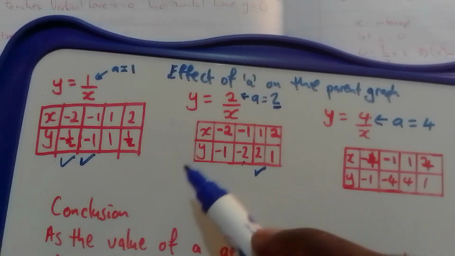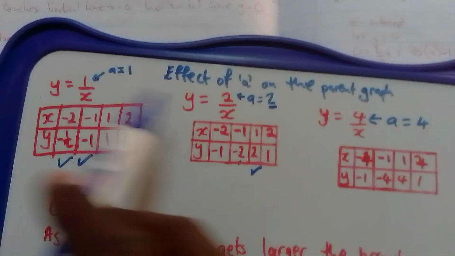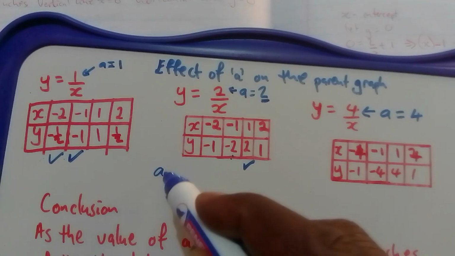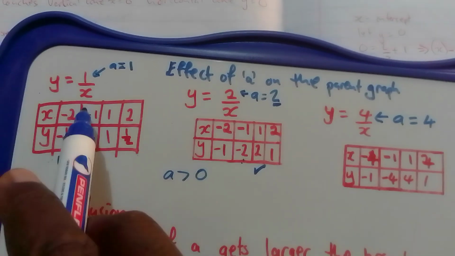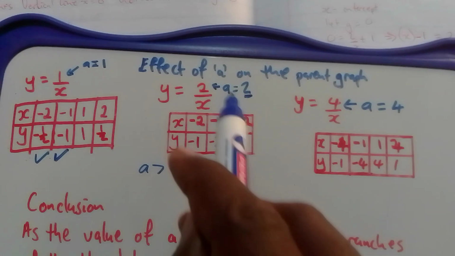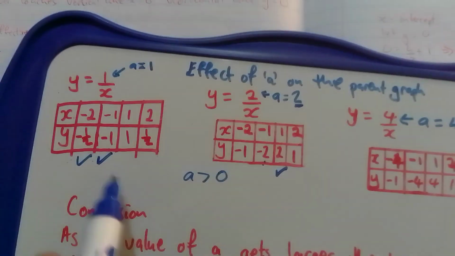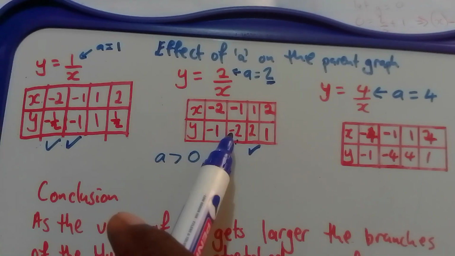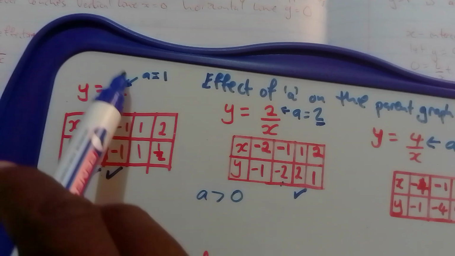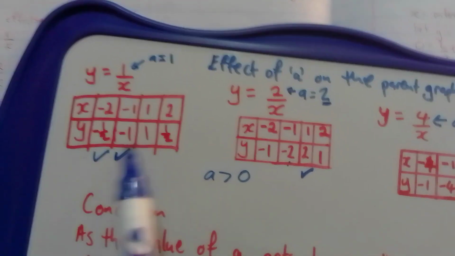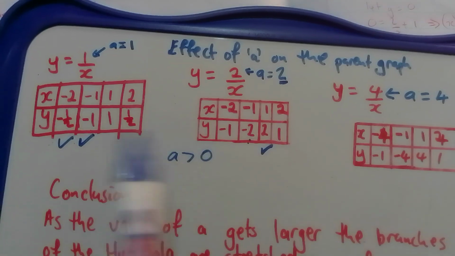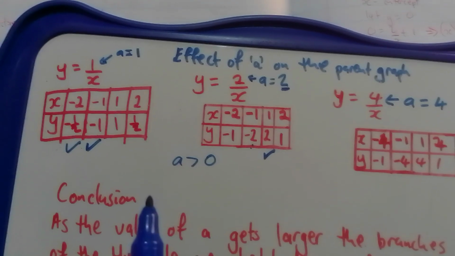So we can conclude that if we're comparing to the parent graph and A is more than 0, for the negative values, the bigger the value of A, the smaller the y values, and the smaller the value of A, the bigger the y values. We saw it with the given coordinates.